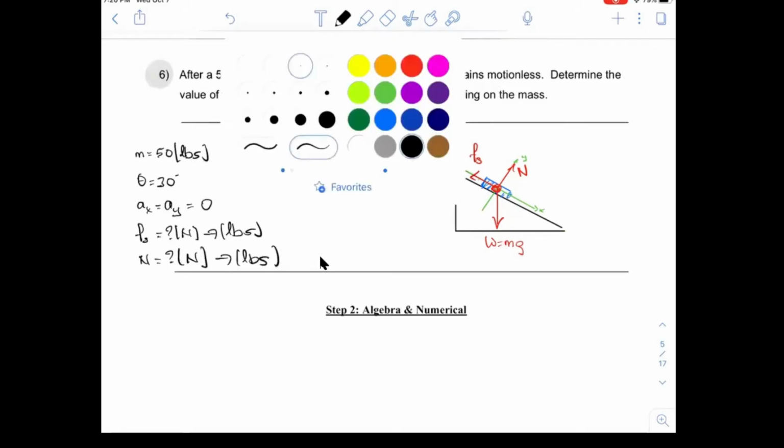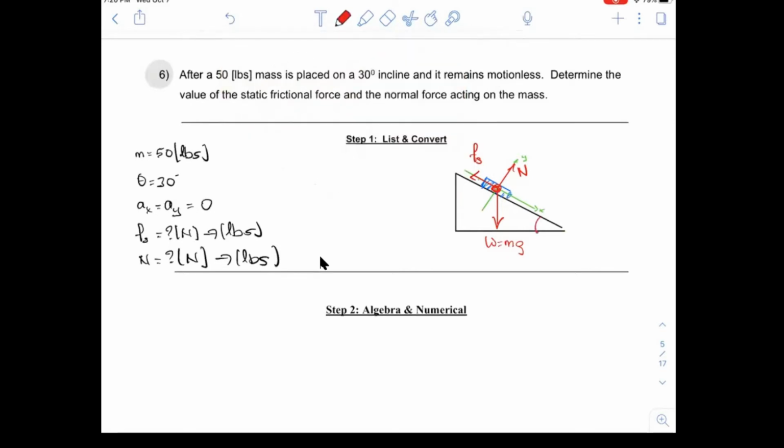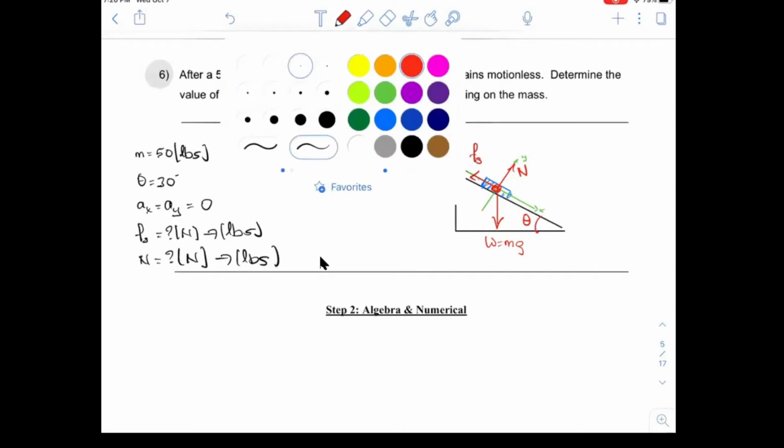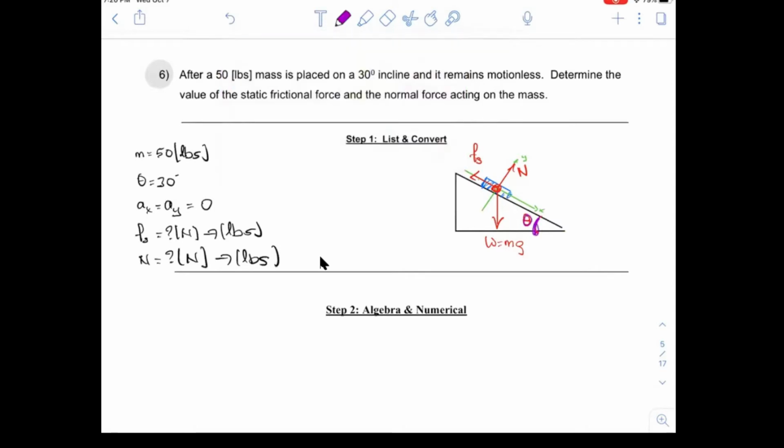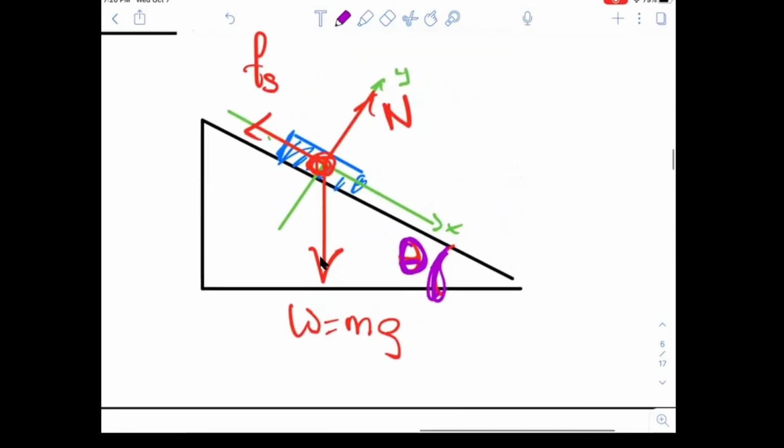All right, so before we go any further, let me put the angle here. I think I want to change color. Okay, so here's the angle. This angle over here is going to be the angle over there. Convince yourselves that that's correct. I don't know how you will do it, but just convince yourselves that I know what I'm doing.